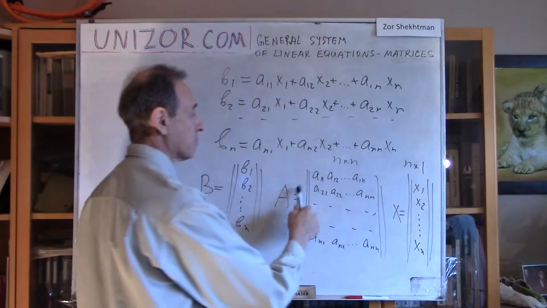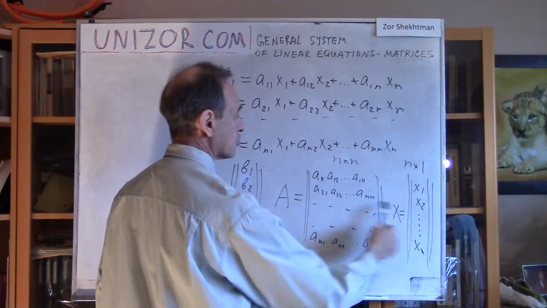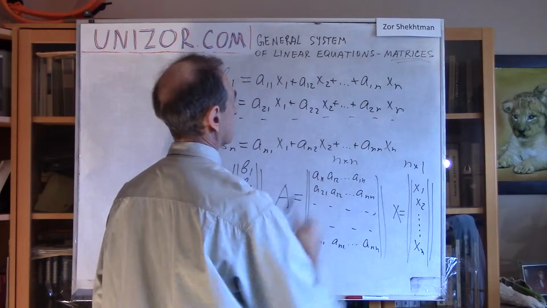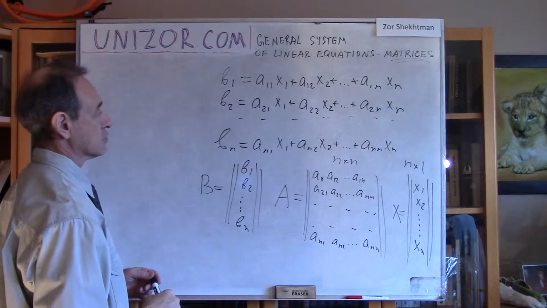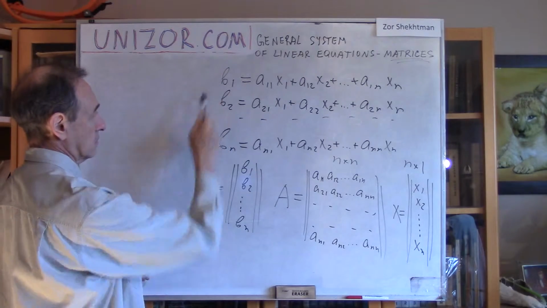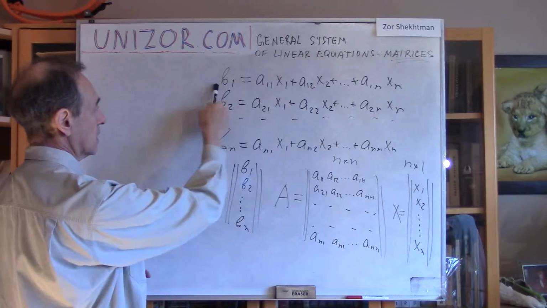So the first member of this multiplication is exactly the left side of the first equation. Now, this equation is equal to b1.